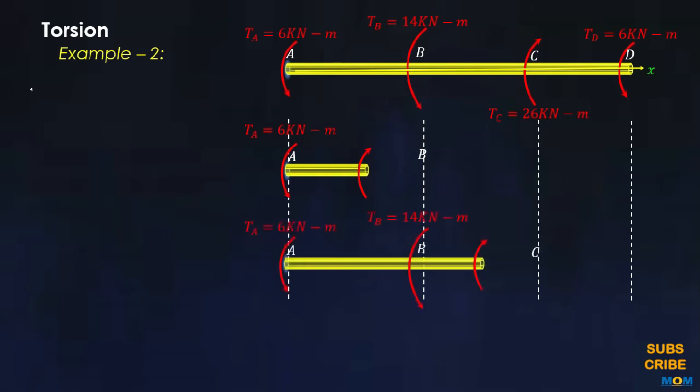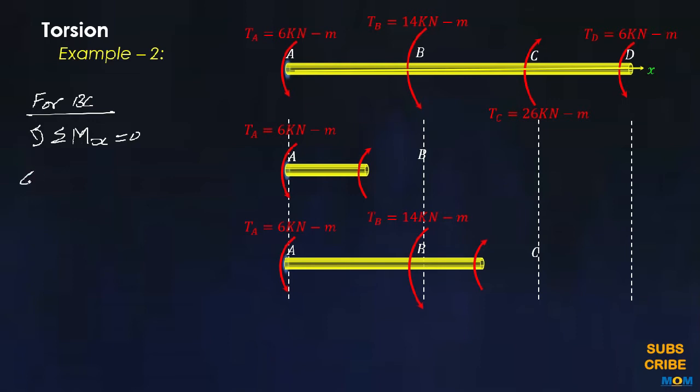Now for shaft BC, again taking summation of moment about x-axis equal to 0.